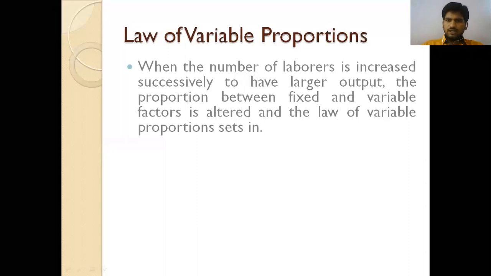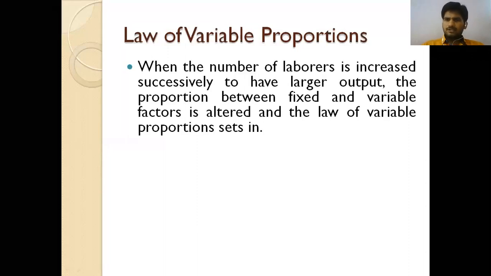So when the number of laborers is increased successively to have a larger output, the proportion between the fixed and variable factor is altered, and the law of variable proportion is set. Again, the number of laborers is increased. In the variable linear production function, we are going to see the inputs only.